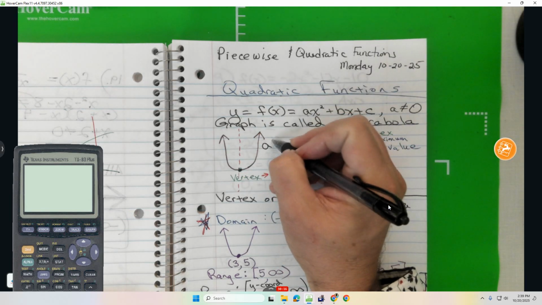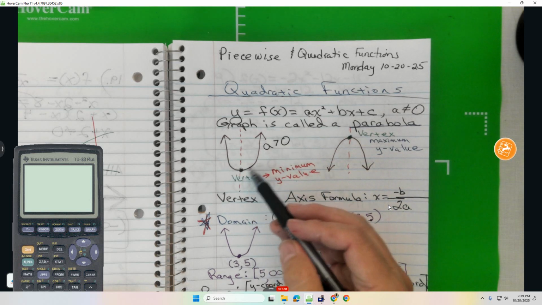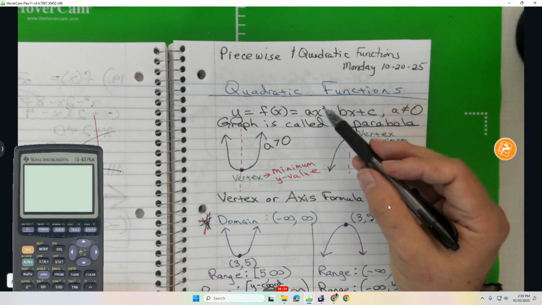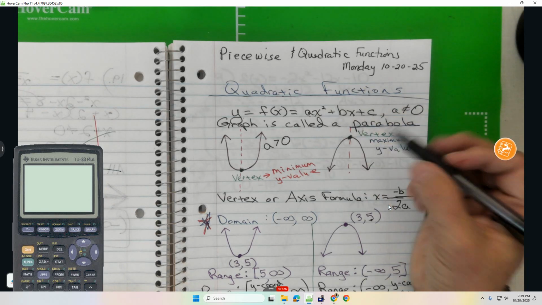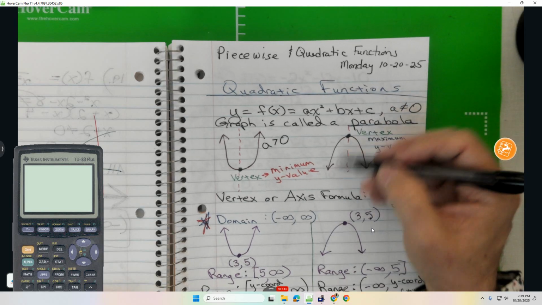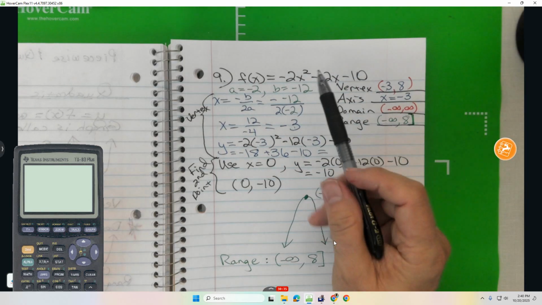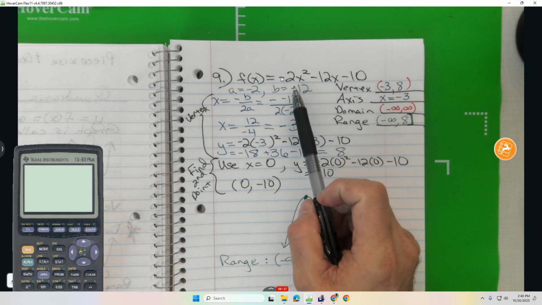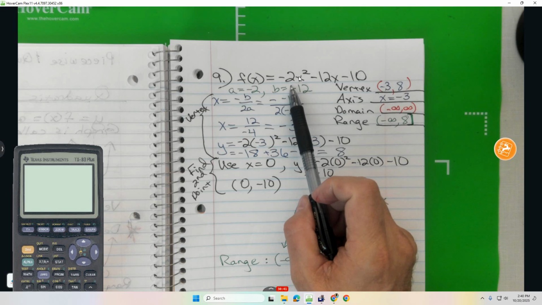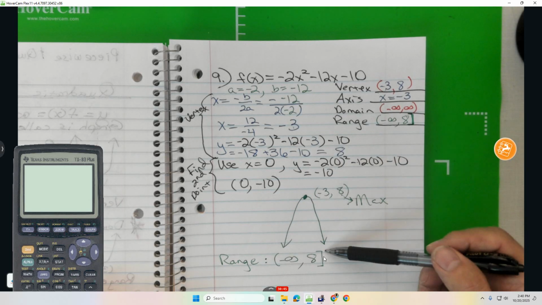If the leading coefficient is negative, you should expect your parabola to always open downward. What was the leading coefficient on number 9? Negative 2, and sure enough, the parabola opened downward.